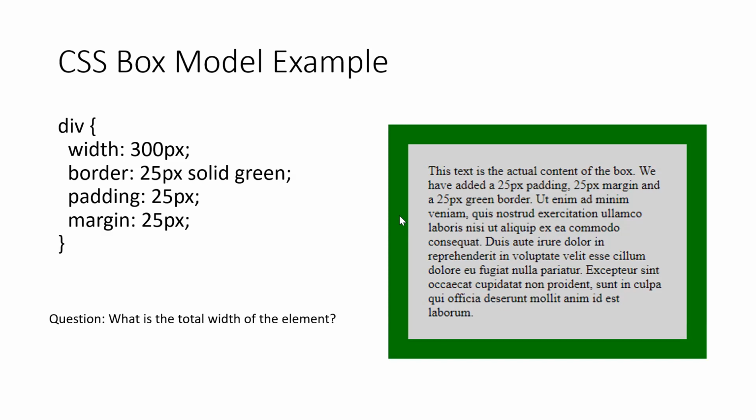So we have border 25, padding 25, that is 50. Width is 300, so 350, plus again padding 25 plus another 25. Because width is given as 300, so this length is 300. We have 25, 25.